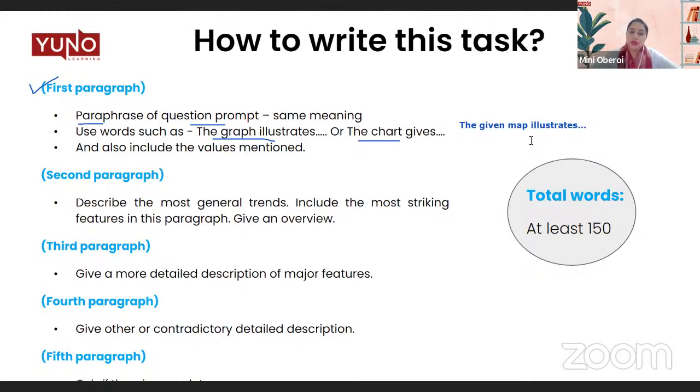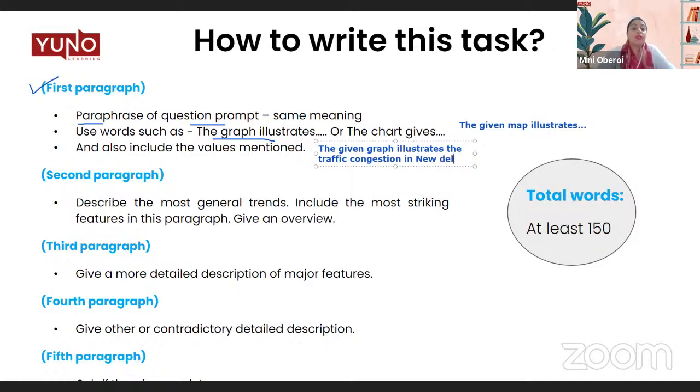After this, we should mention what we see. Is it related to the traffic growth in a certain place? If I want to give you a sample here, I can say: the given graph illustrates the traffic congestion in New Delhi.